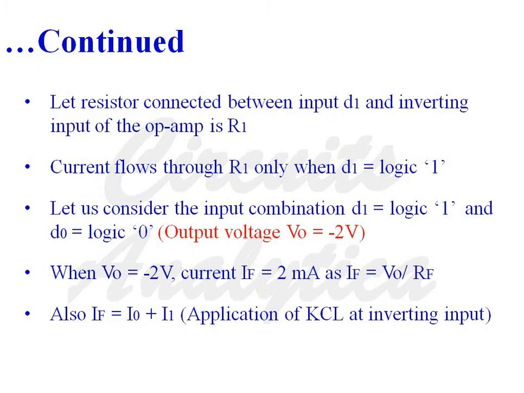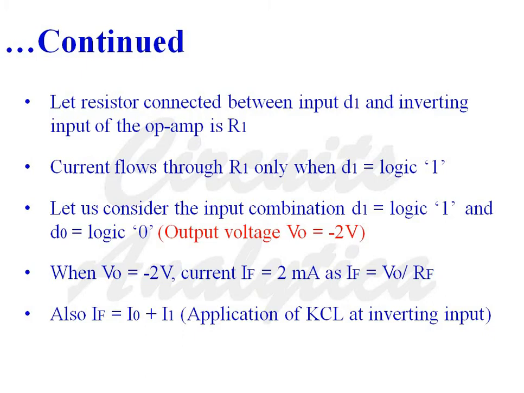We have already discussed the input combination 0, 1. This time let us discuss the input combination 1, 0. D1 is equal to logic 1 and D0 is equal to logic 0. So binary input 1, 0 means the analog voltage must be minus 2 volt, as 2 is the decimal equivalent of the binary value 1, 0.